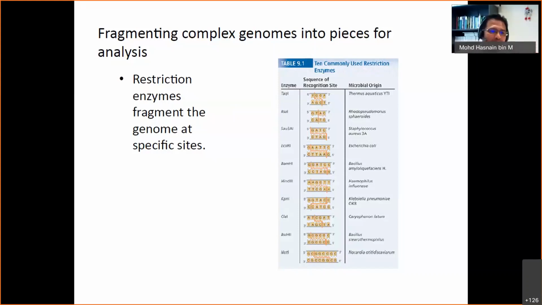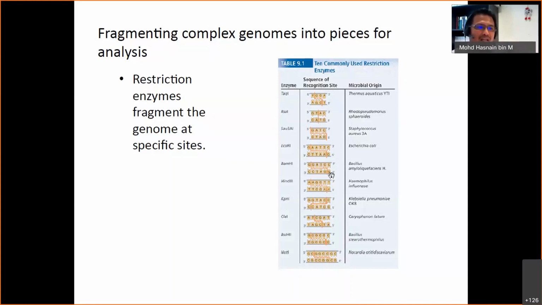EcoR1 is a different enzyme. If EcoR1 scans the DNA and finds GAATTC over here, it will cut the DNA. So that is how the restriction enzyme functions. Different enzymes recognize different nucleotide sequences so that they cut the DNA.